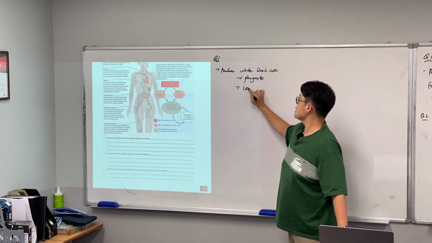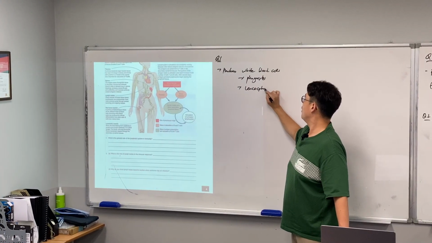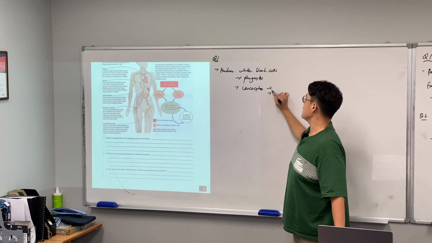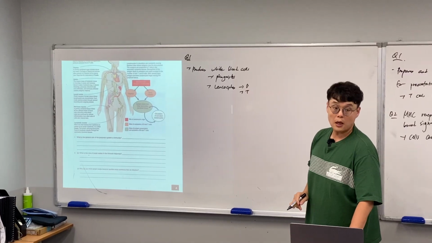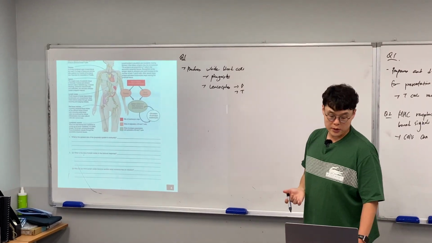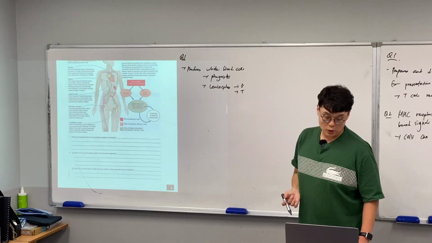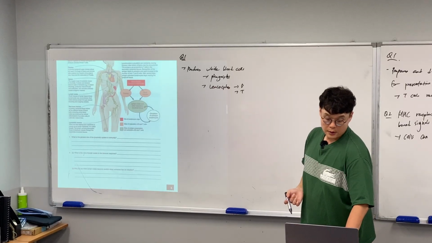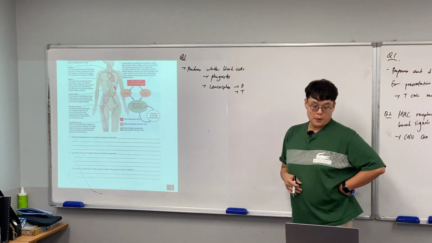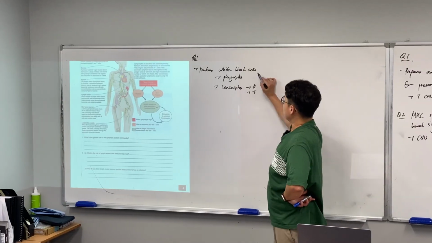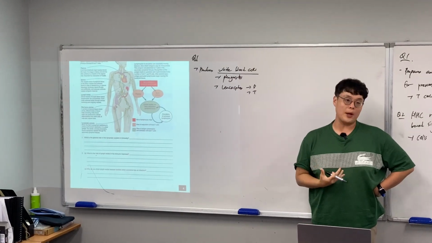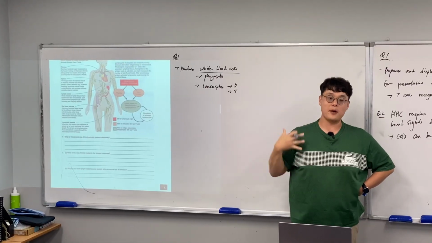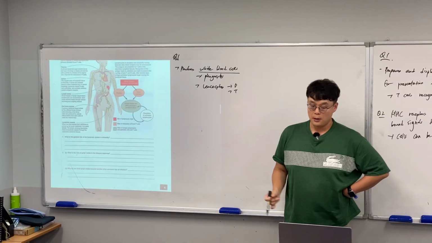Also the leukocytes, which include the B and T cells. Those are all produced through your lymph nodes and also the bone marrow. So when your body encounters pathogens, it produces these. Every part here is a factory of white blood cells.